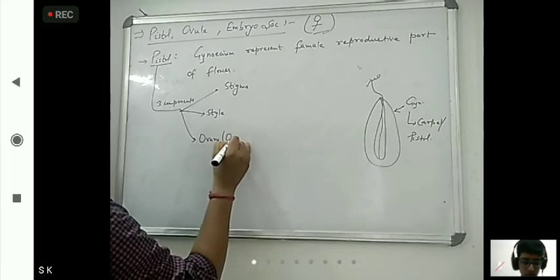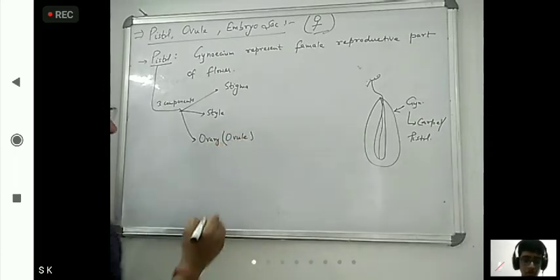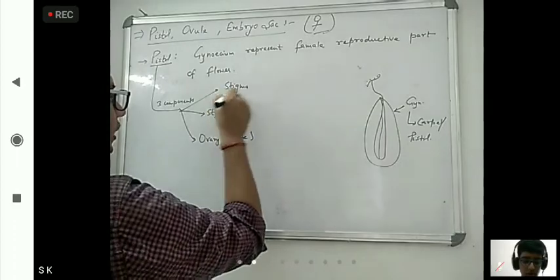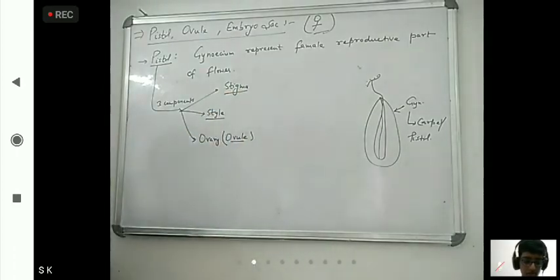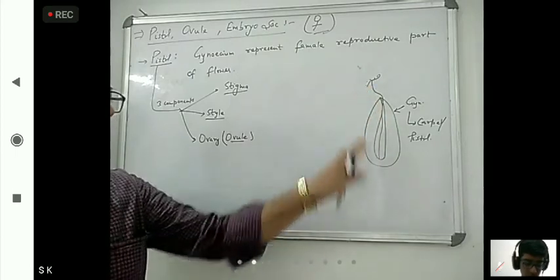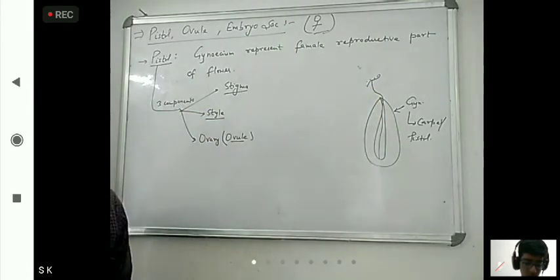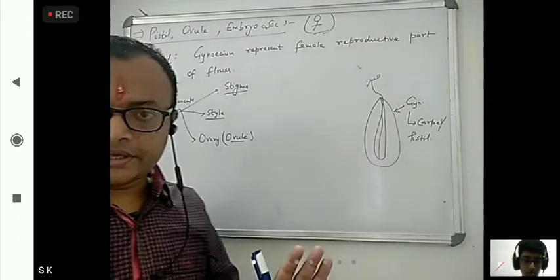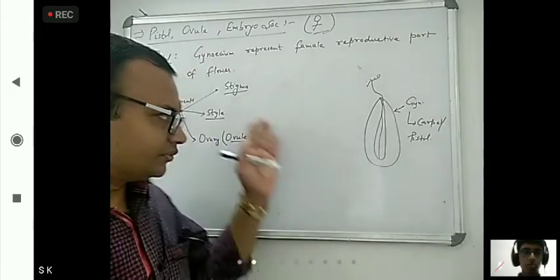Inside the ovary there is the ovule. So it contains three components: stigma, style, and ovary.